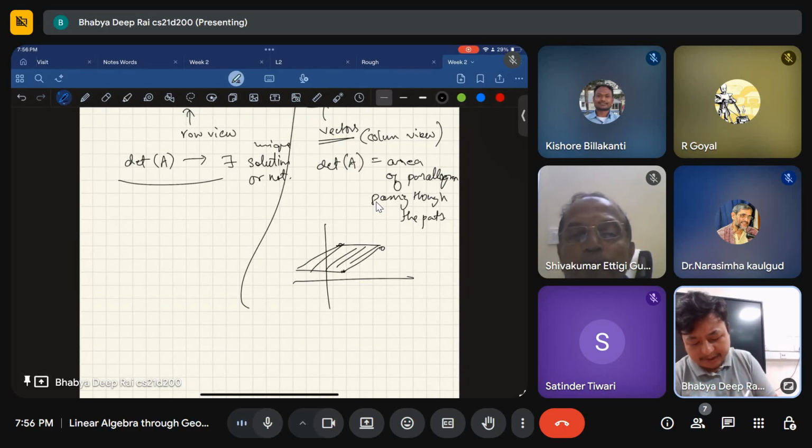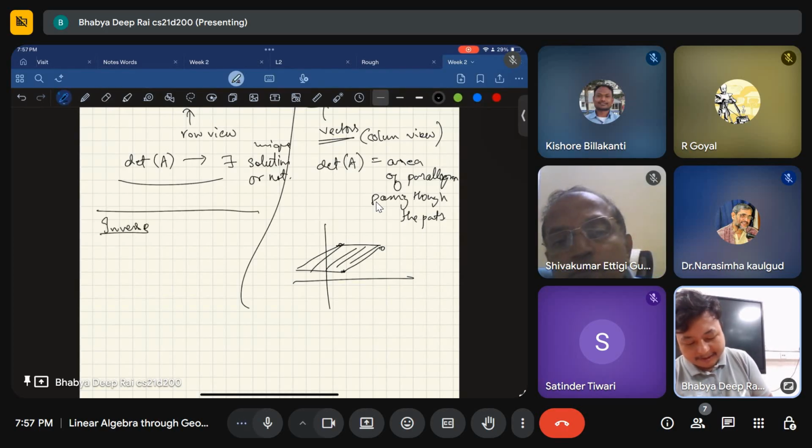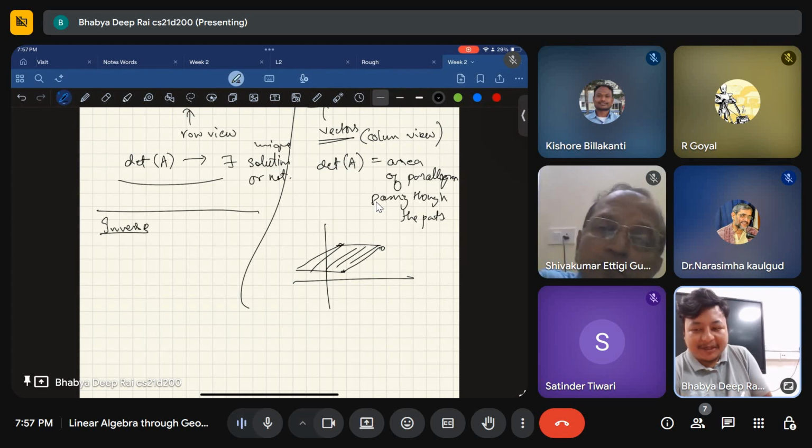Now, just quickly, why does the determinant judge the existence of a solution? Before that, I just want to quickly say what the inverse is. What is the multiplicative inverse?